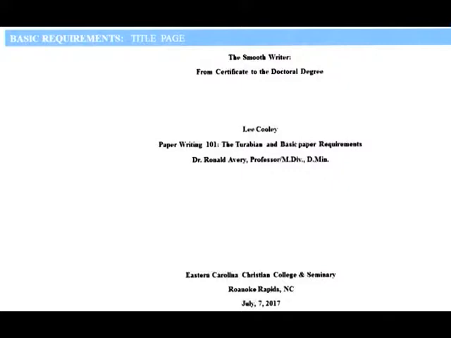And underneath the title of the class is my professor's name and my professor's credentials. Then when we go down to the bottom of the page, we have the name of the school, Eastern Carolina Christian College and Seminary, the city or town of the school, which is Roanoke Rapids, North Carolina, and the day that the paper is submitted.